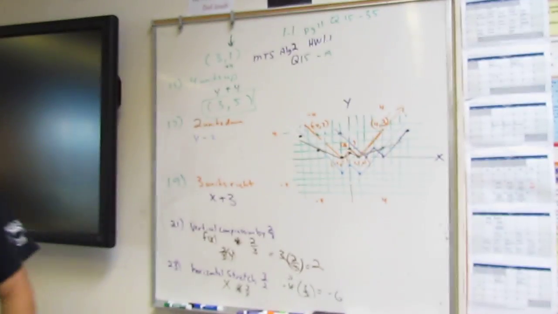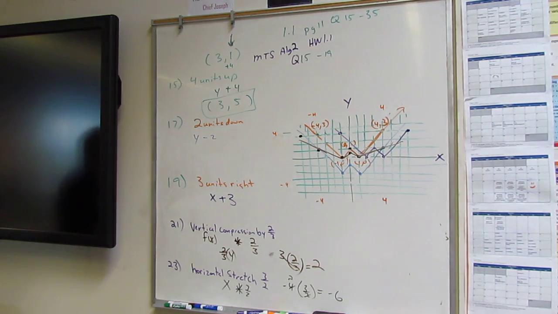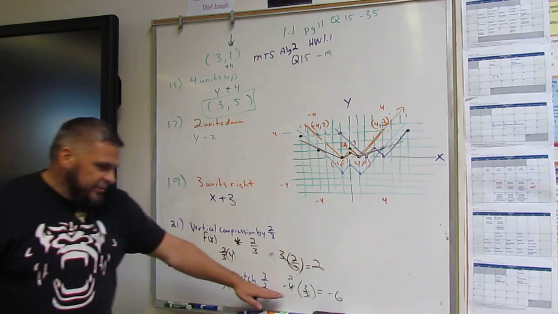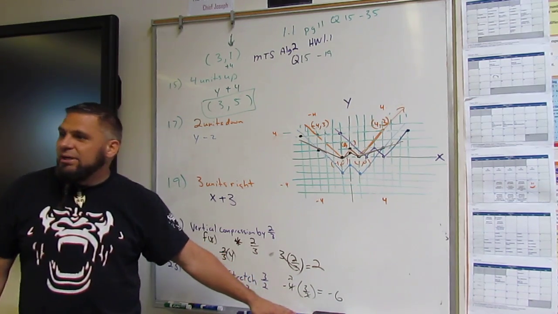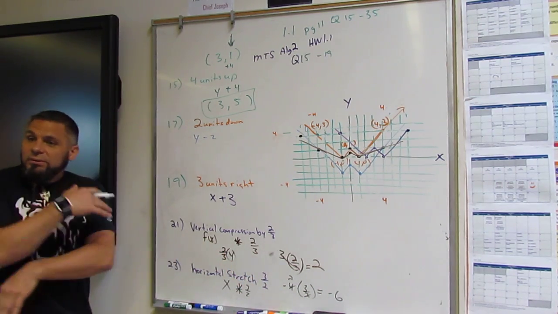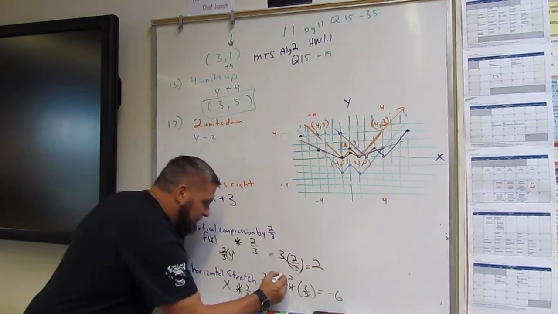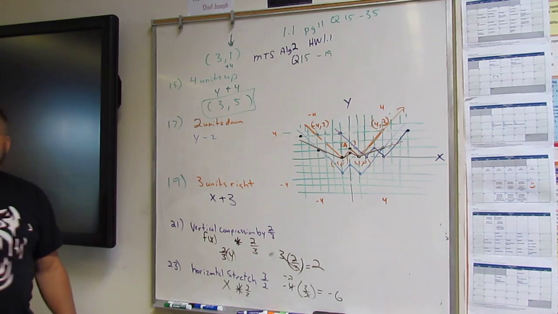I might not have done the math right. Who knows? Does it say -4? Yeah, -4 times 3 halves. And then we cancel the 2 out with the 4 to make it a 2. And it's -2 times 3, right? Equals -6.